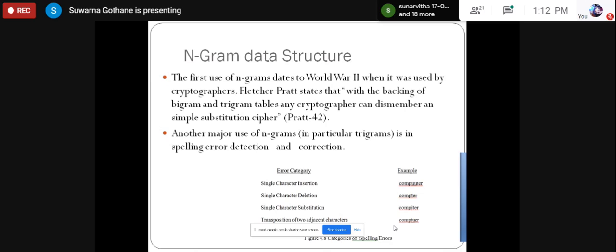To resolve those errors, the n-gram algorithm is applicable. So spelling error detection as well as correction, this algorithm can be used. Is everyone clear what exactly the n-gram data structure is?